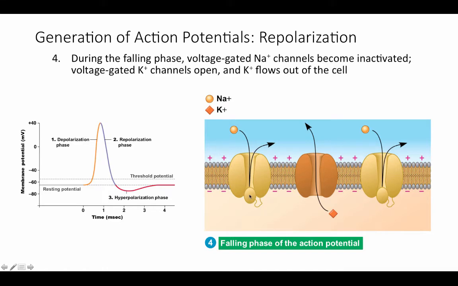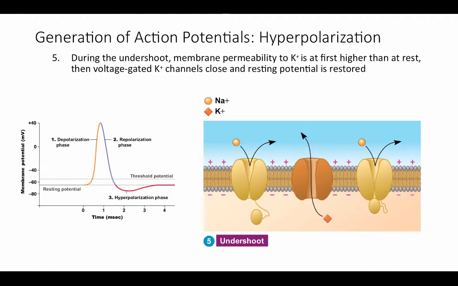As long as the membrane potential is above this threshold, the channels will remain open, but they become blocked by a portion of the protein that inactivates that channel so that there's no actual movement of sodium through. So now the membrane as a whole is going to be moving toward the equilibrium potential of potassium because potassium is flowing and sodium is blocked from flowing.